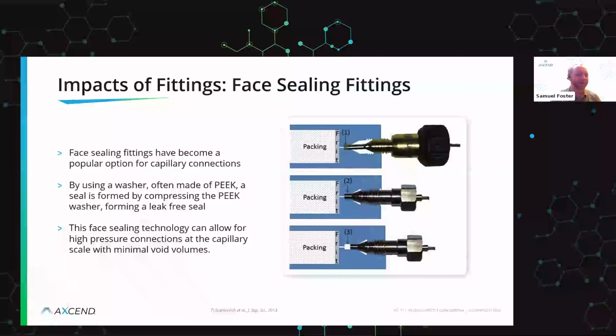Now, obviously, you want to ensure that it's as flat as possible, but this gives you a little bit of additional wiggle room compared to just your traditional fitting. And so these are going to be very heavily used throughout the Axcend system, as we'll talk about a little bit later. But it's great practice to use these when trying to reduce your void volumes as much as possible.